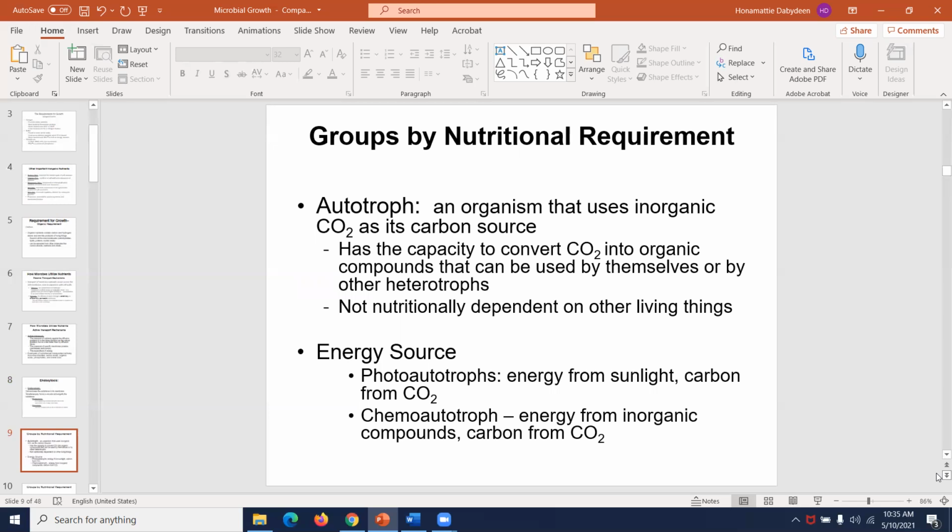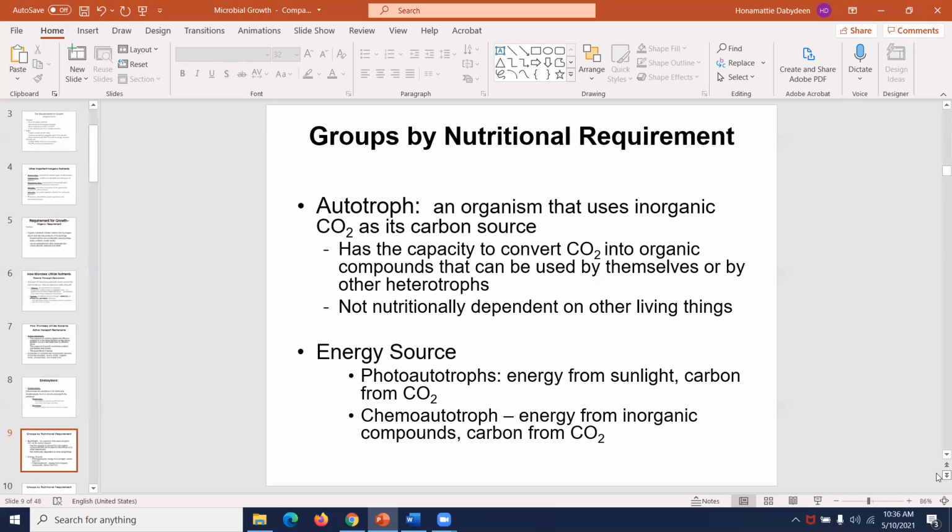Now here in this slide, we're trying to group microorganisms according to their nutritional requirements. We are showing here that there are different nutritional groups of organisms. The first one we're going to say is autotrophic organisms, or autotrophs. These are organisms that have the ability to make their own food. Let's put it simply that way.